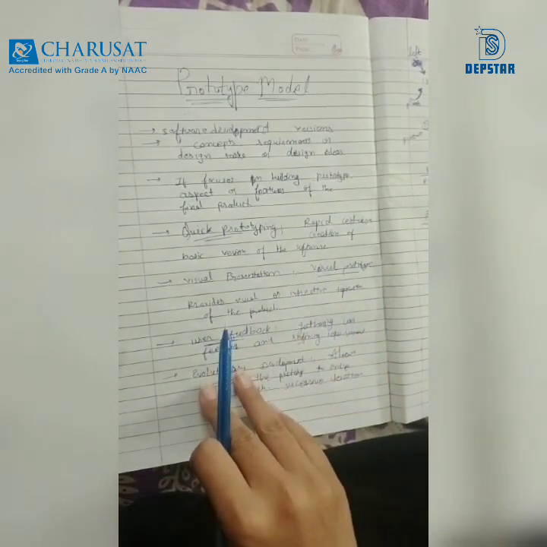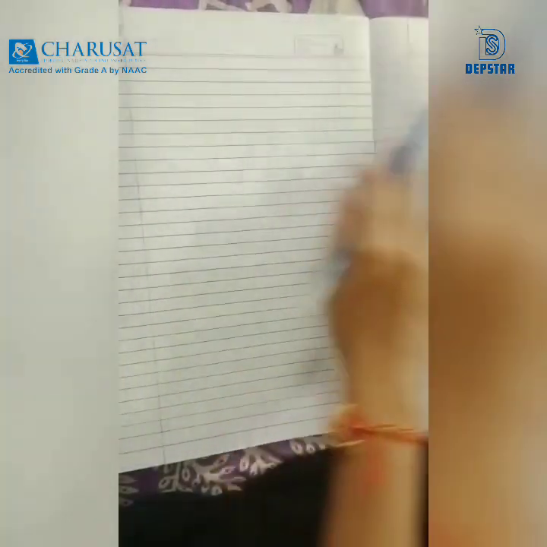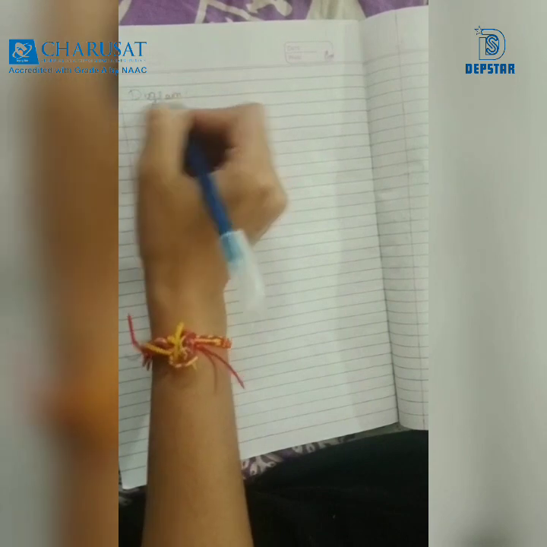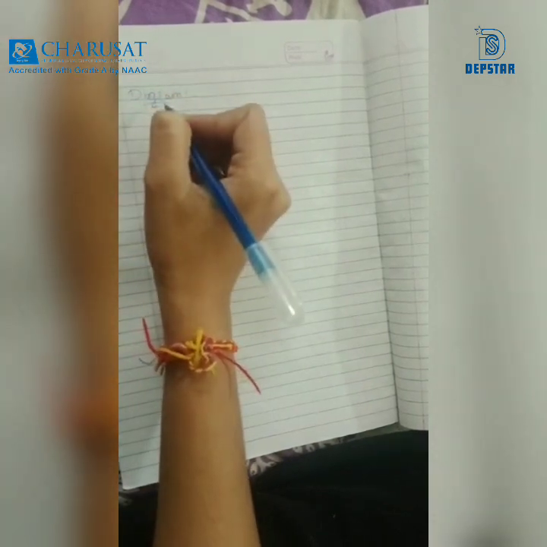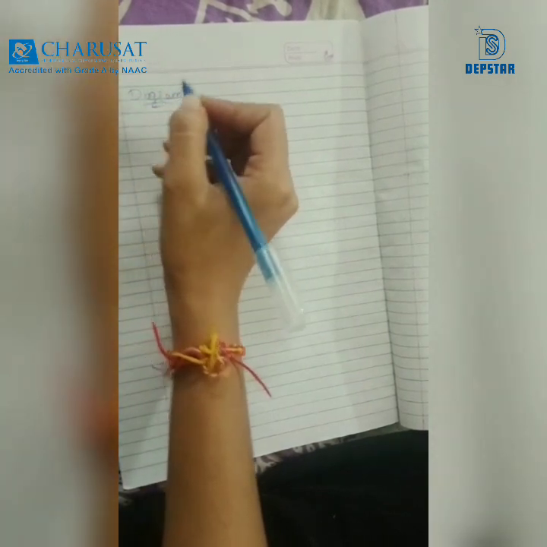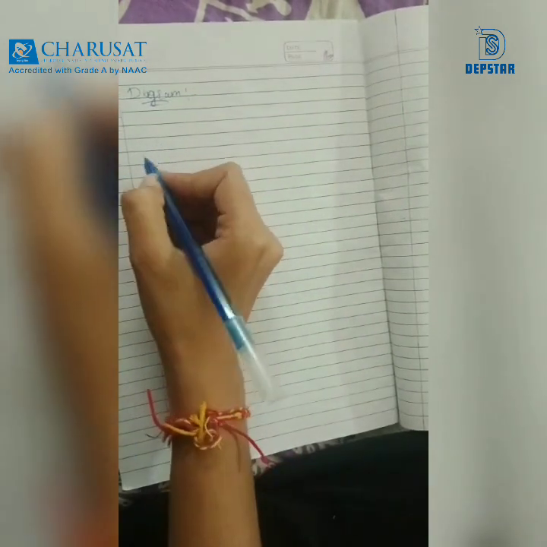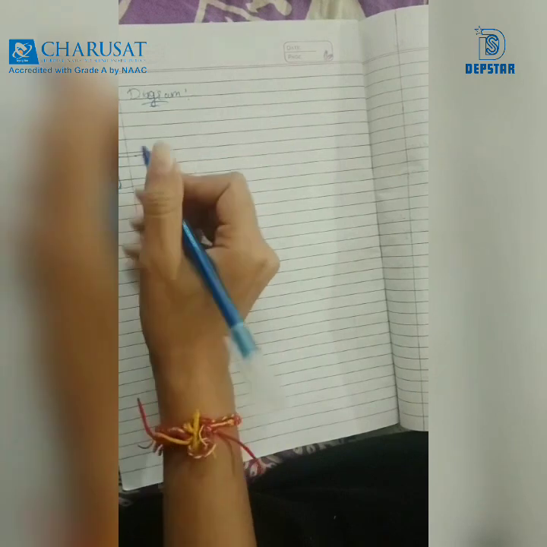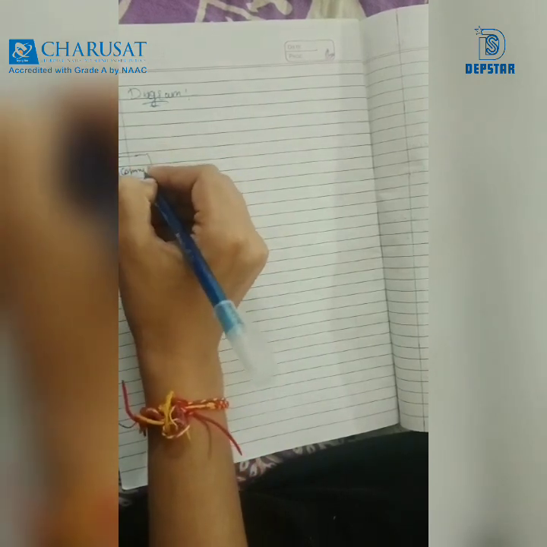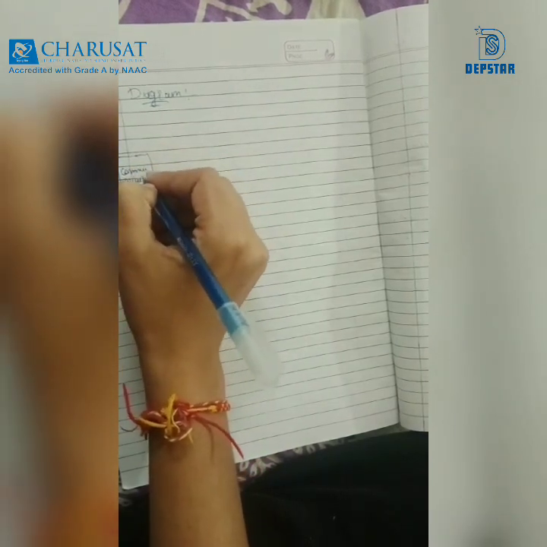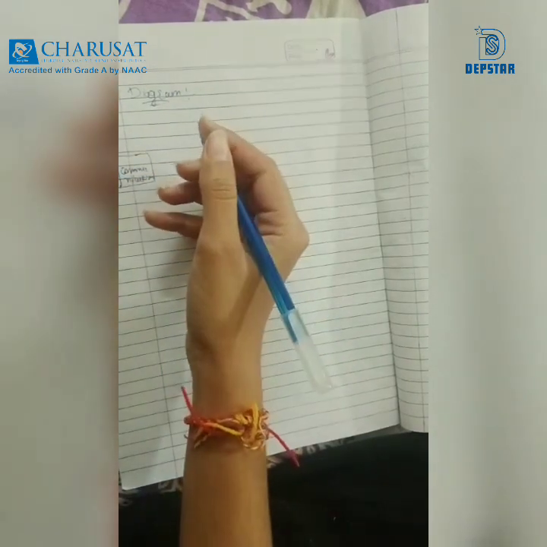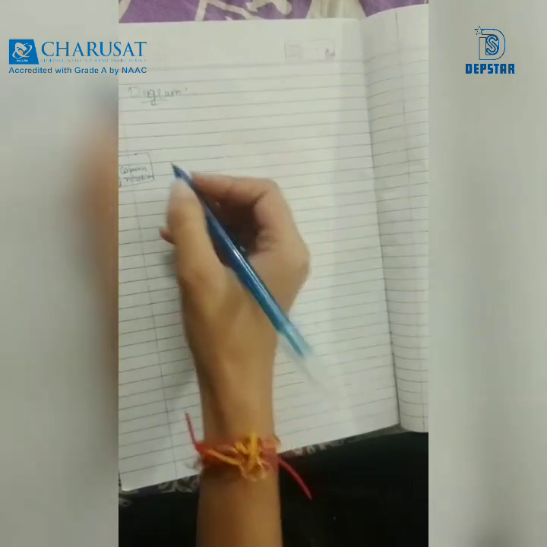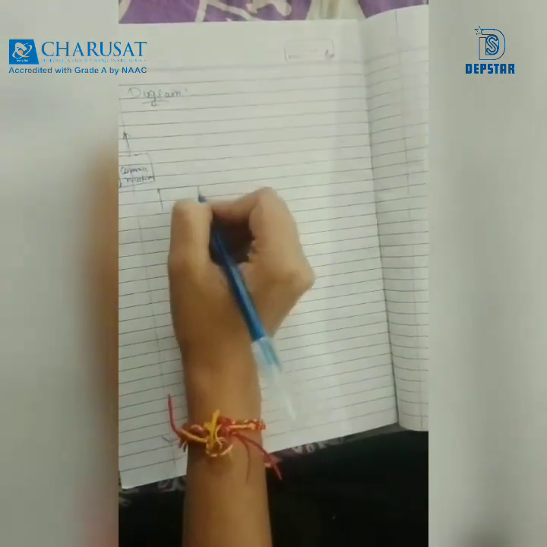Then we understand the diagram of the prototype model. The diagram of a prototype model represents first communication, meaning we gather information from a client by communicating with them.